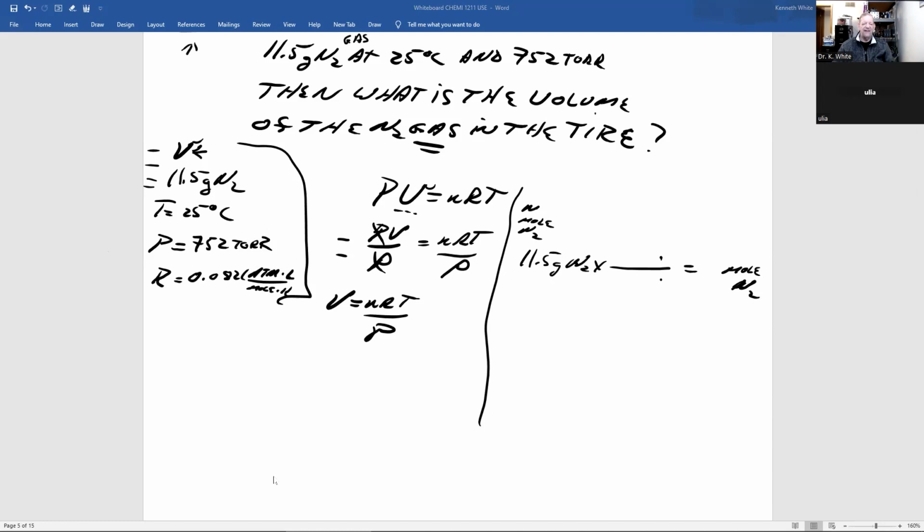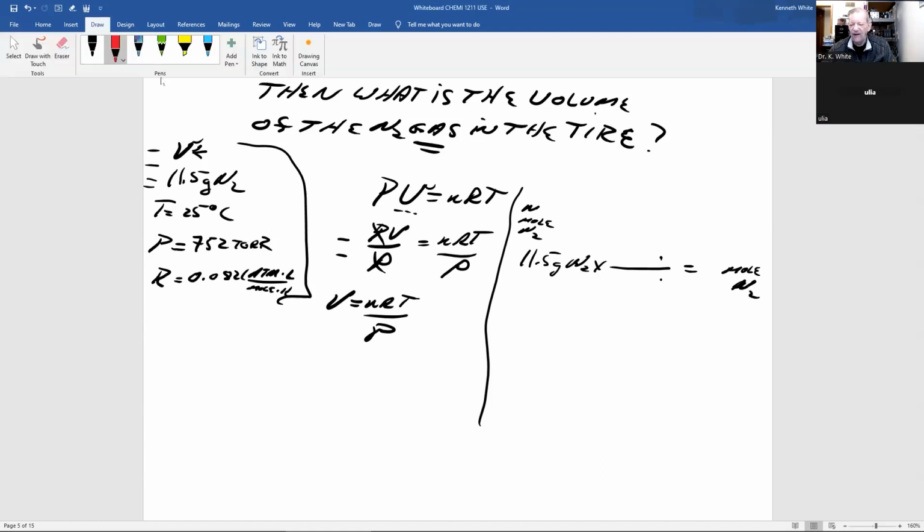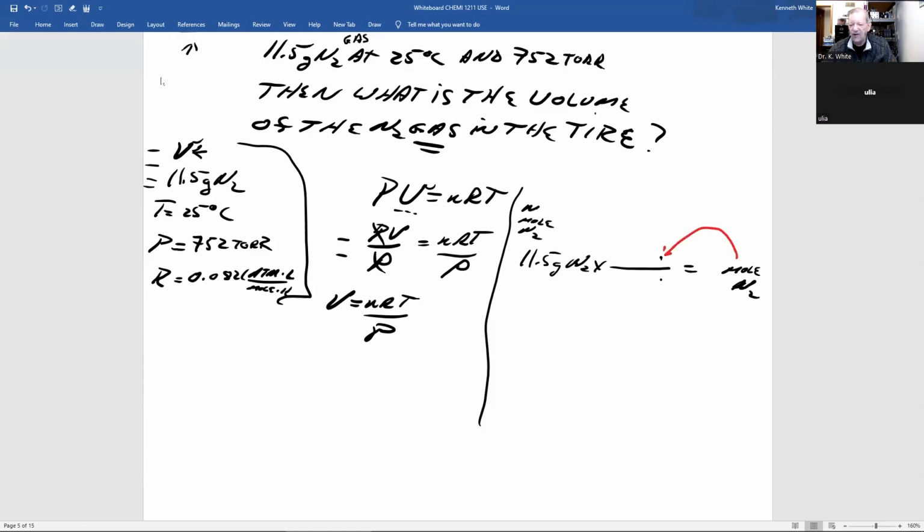All right. Using your good buddy, your good friend, unit analysis, whatever we're trying to get to goes on top of the ratio. Whatever we're trying to get rid of goes underneath.